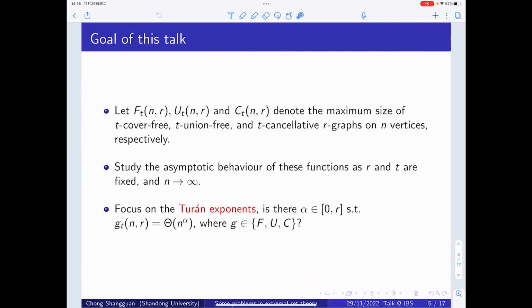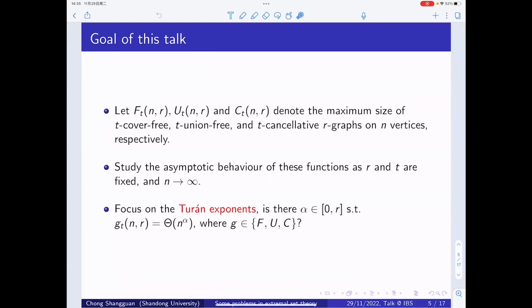So what are we going to do? What's the goal of this talk? We use the three functions f_t(n,r), u_t(n,r), and c_t(n,r) to denote the maximum size of t-cover-free, t-union-free, and t-cancellative r-graphs on n vertices, respectively. Our goal is to study the asymptotic behavior of these functions as r and t are fixed integers and n tends to infinity.